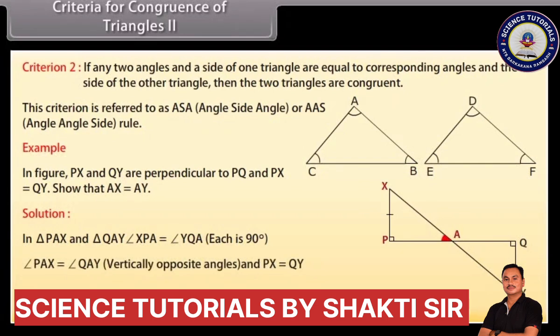Angle PAX is equal to angle QAY because these are vertically opposite angles, and PX is equal to QY. Therefore, by AAS congruence rule, triangle PAX is congruent to triangle QAY. Therefore, AX is equal to AY by CPCTC.